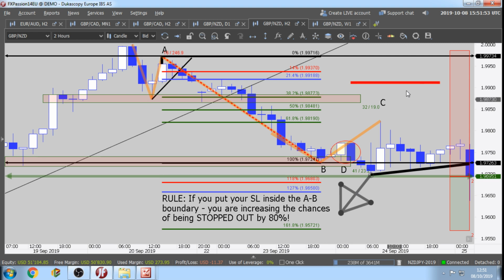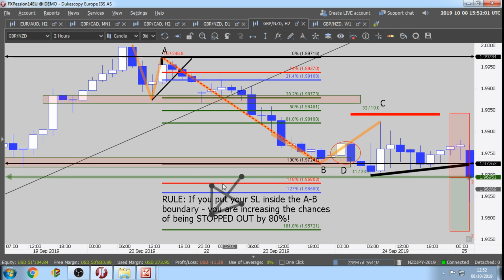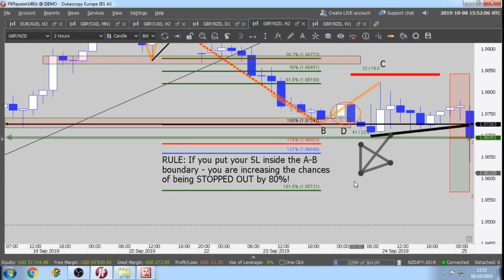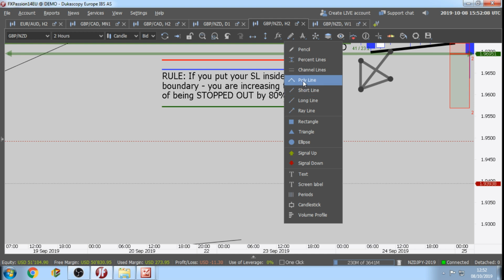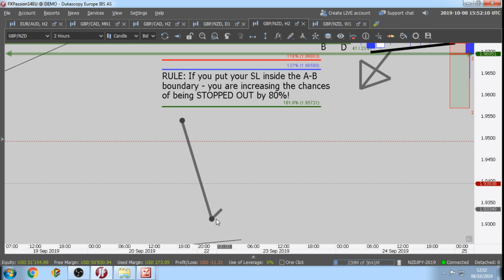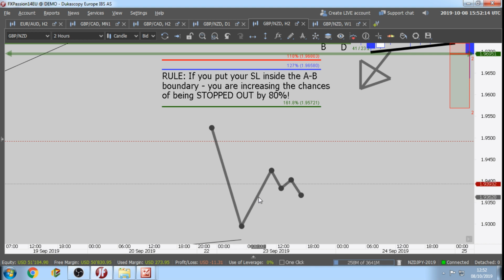Okay, so can I do this? Yes, you can. You can do this and improve your risk reward, but you are increasing your chances of being stopped out by 80%. And we learned this with the market wave, extension retracement. It's the same concept.